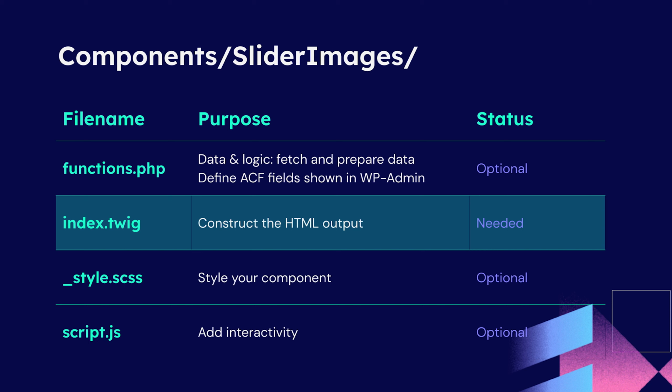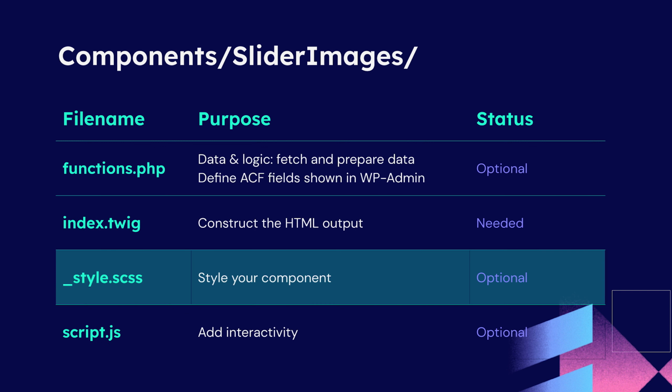In index.twig, you're going to write the HTML that is later rendered when your component is shown to the visitor of your site. It's written in HTML, flavored with the Twig templating language which makes juggling with data quite easy. Further, we have a style.scss file. This is where all the CSS styling of this individual component is defined.